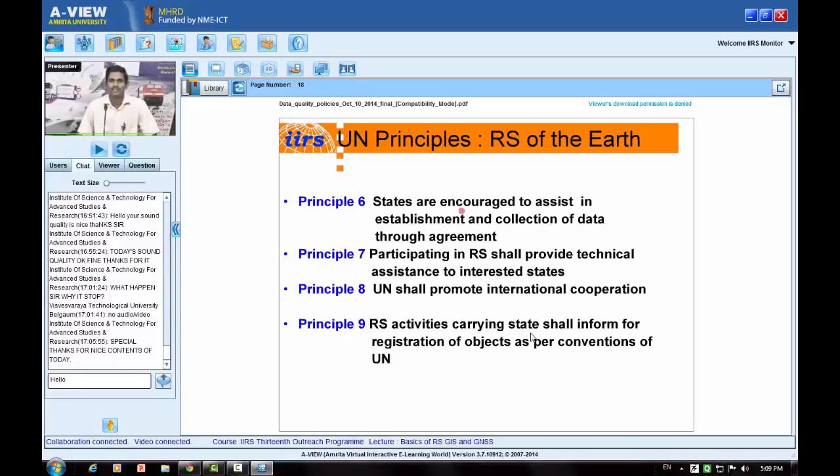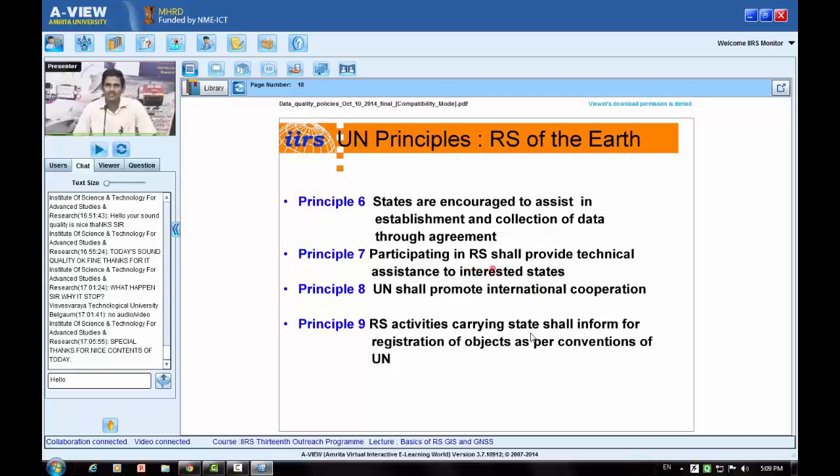This is an important point. States are encouraged to assist in the establishment and collection of data. Suppose I have the satellite and I receive the data. Suppose a neighboring country does not have the capability to receive, download and process it, so they are not able to use it. Internationally, the UN says you should help them so that they can receive the data, collect it, process it, and use it.